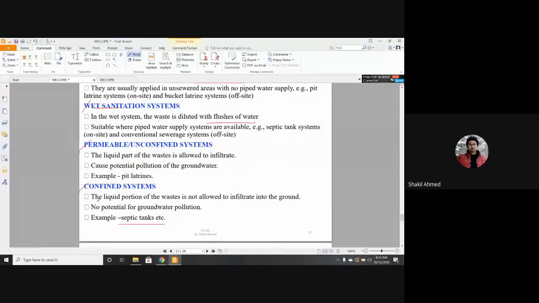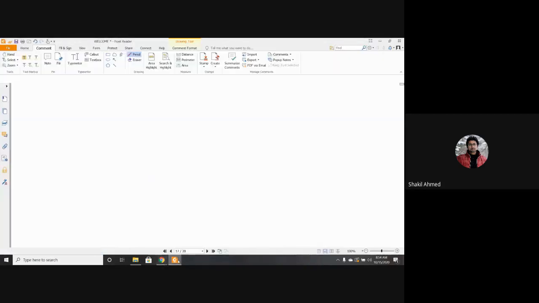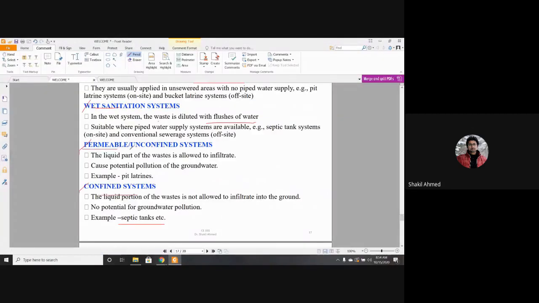Like septic tank. This impermeable can sometimes also be called confined. Impermeable or confined because we have confined it, so water cannot pass through. Confined, and the other is permeable or unconfined. Okay?